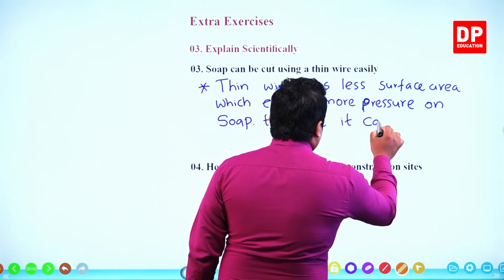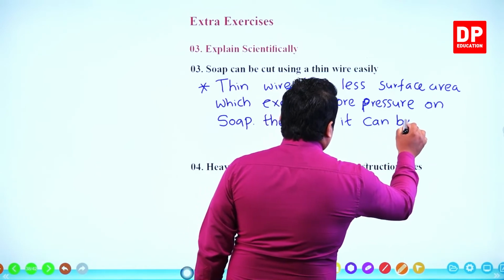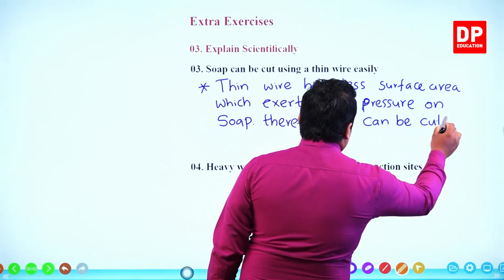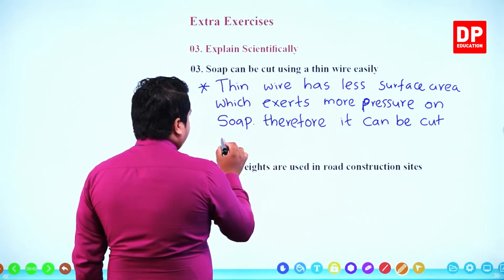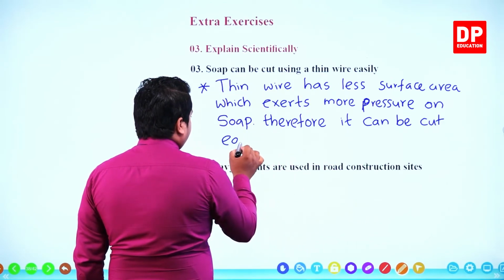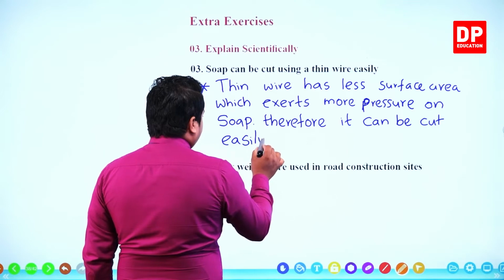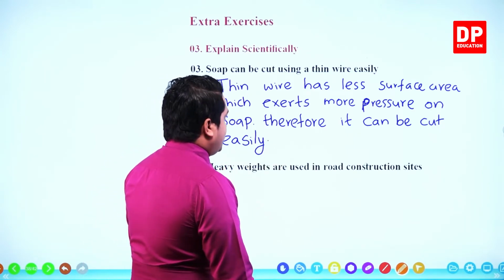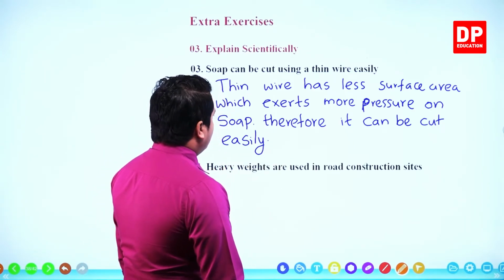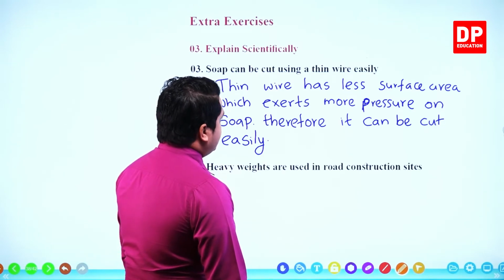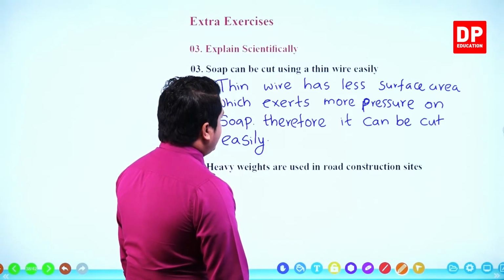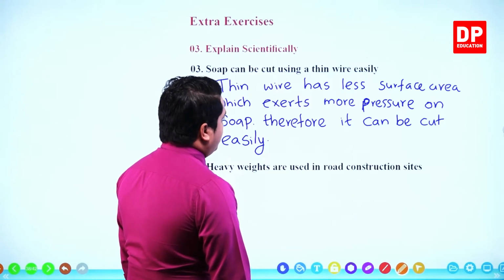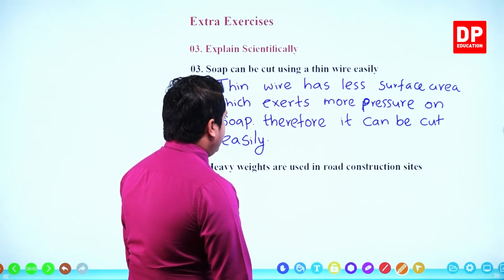Therefore, it can be cut easily. So, thin wire has less surface area which exerts more pressure on soap. Therefore, it can be cut easily.